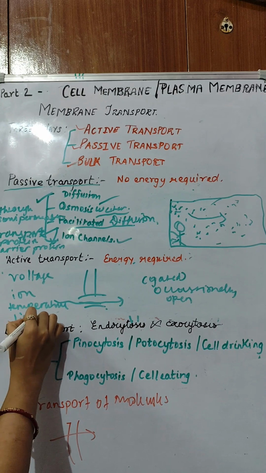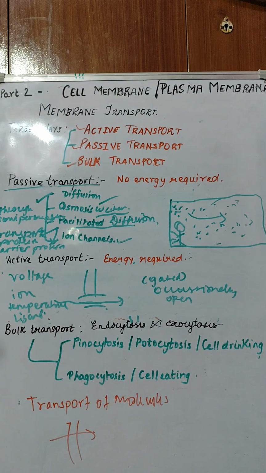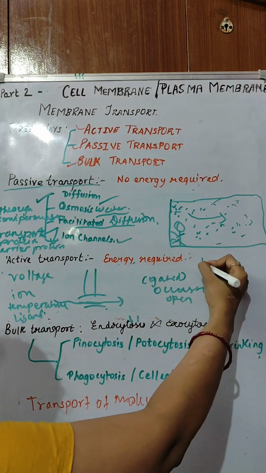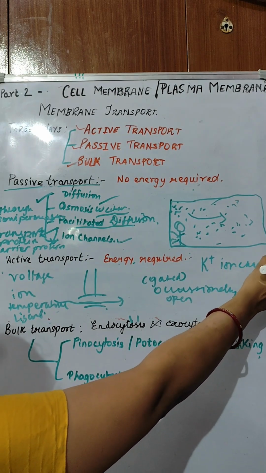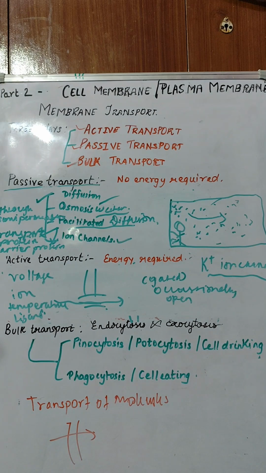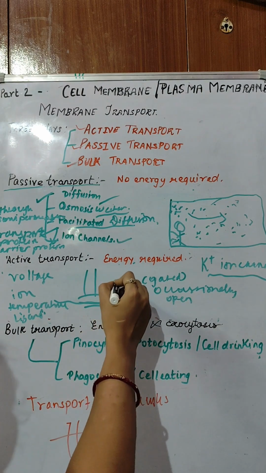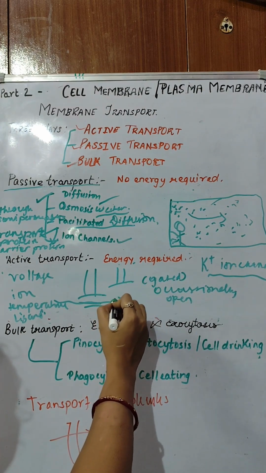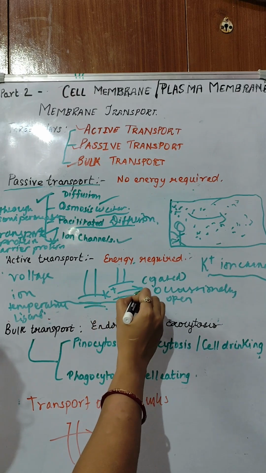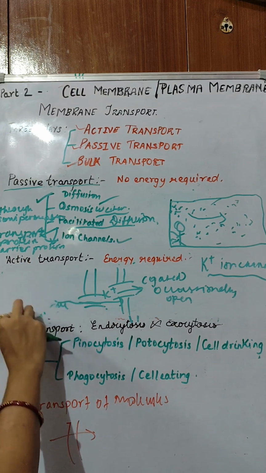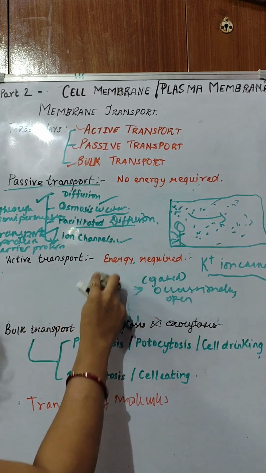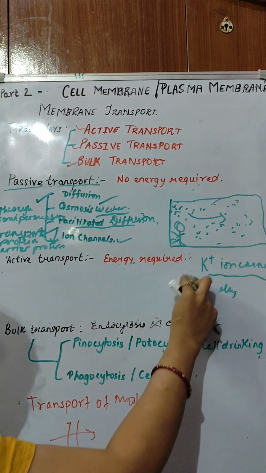This kind of channel is found, like the potassium ion channel, which is very common. It allows only potassium ions to move inside through this channel. So there are some specific ion channels, and each allows its specific ion to move through, and if they are gated, they require some kind of stimulus to open.